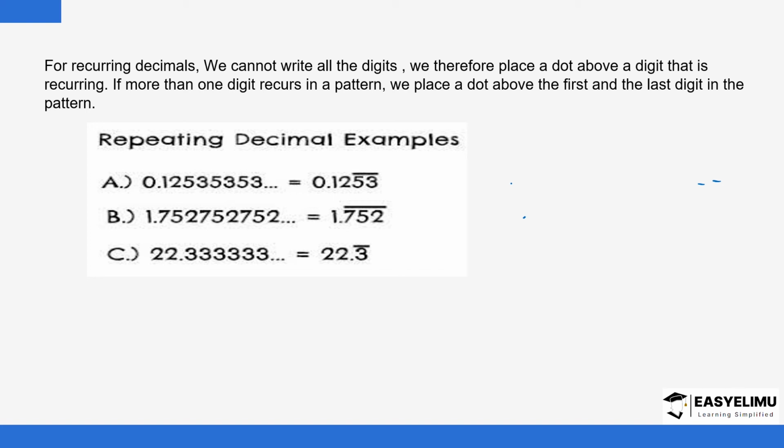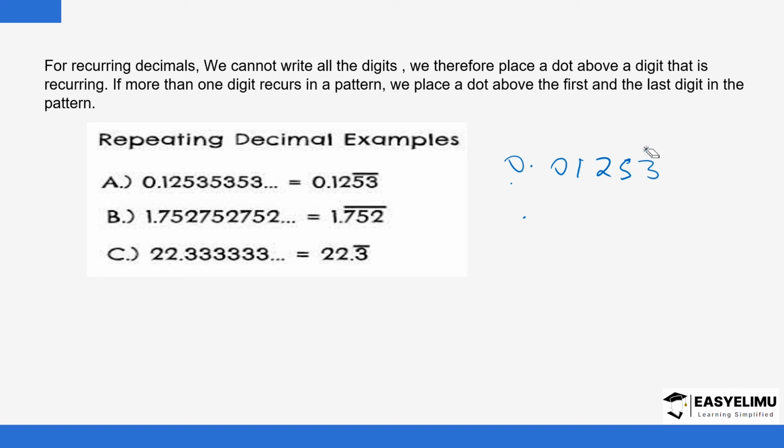So you can have maybe 0.01253. So if it is 5353, that is a repeated pattern, that 53, for example, then instead of writing all the digits, you simply write 53, and then you put a dot on top of the 5 and a dot on top of the 3, to mean the pattern 53 is repeated.